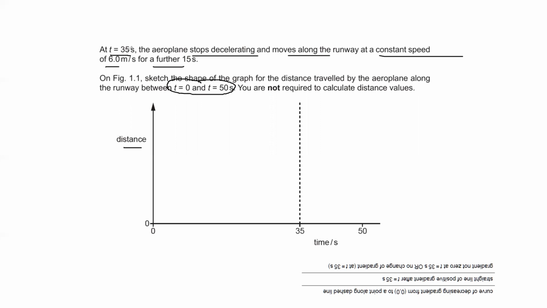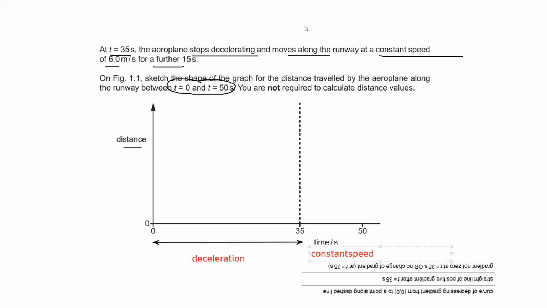So first, at t equals 35, the airplane stops decelerating. So in this distance time graph, till this part, we have to show a deceleration. And for this part, for 15 seconds, we have to show a constant speed.